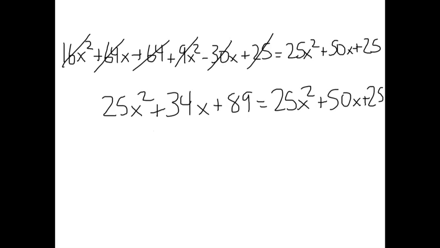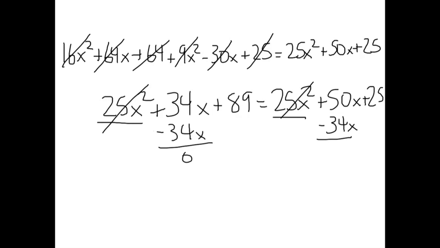Now, take a note. We have 25x squared on both sides, no matter where you move it. These are going to end up canceling out. Okay, since we're solving for x, we're going to move x to one side and the constants to another. So we're going to subtract 34x. Okay, so it's 0 on this side. You're going to subtract 34x on this side as well. So you're left with 16x.